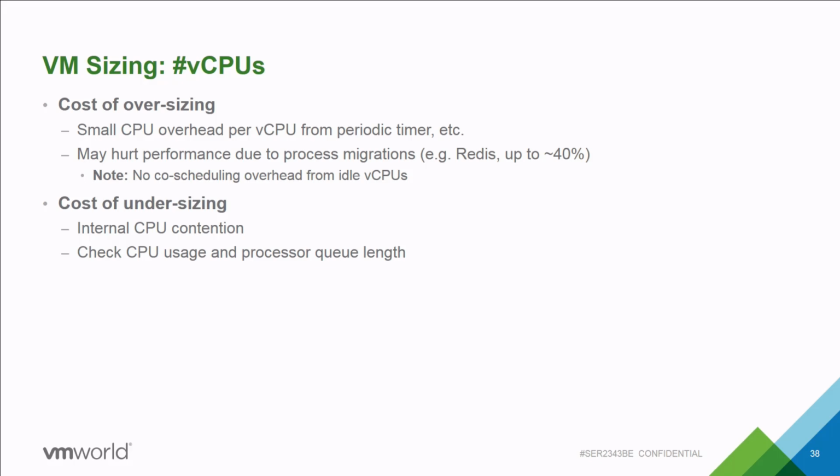Oversizing: for CPU first, if you have more vCPUs than what's needed by the VM, you pay two costs. The first is a small CPU scheduling overhead for the virtual CPU, because even if the vCPU is idle, it has to have some timers which will kick in and cost some CPU cycles.